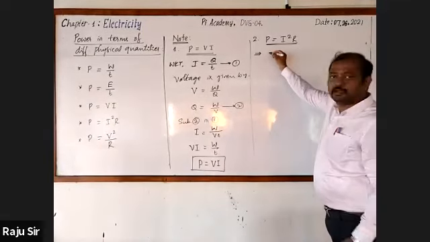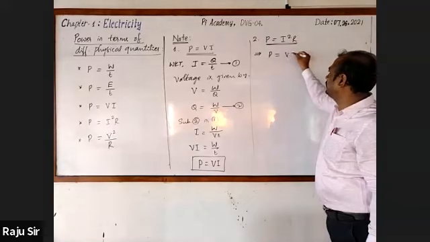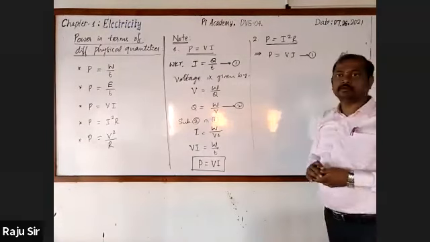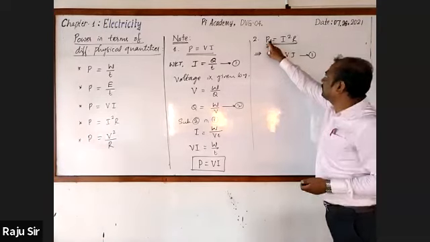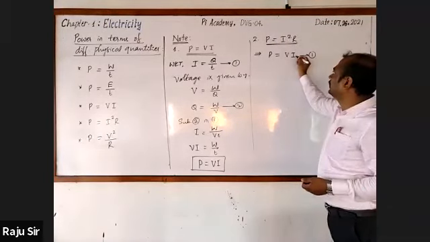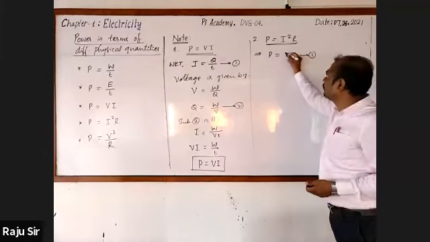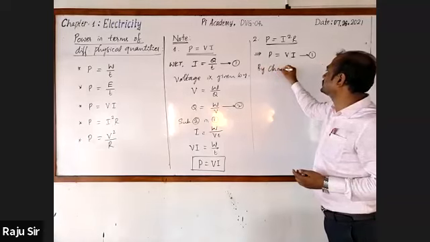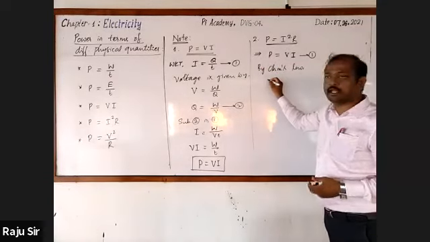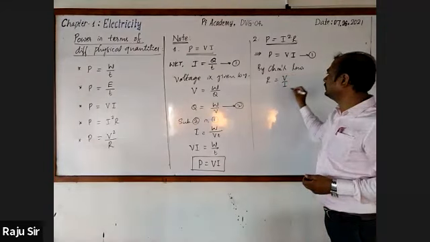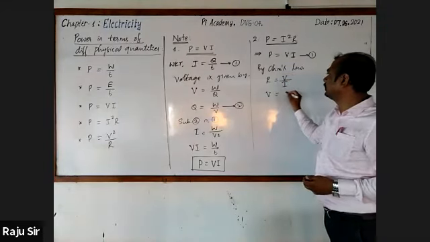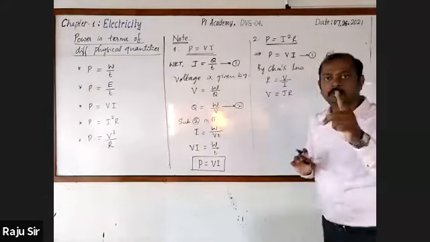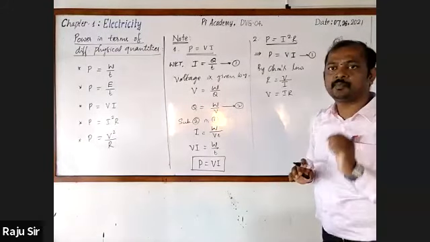Just now we have derived the formula P is equal to V into I. I call it equation 1. We have to write the power in terms of I square into R. Here I is already there. We want a substitution for V. To get that V, you can use Ohm's law. By Ohm's law, we can write R is equal to V by I, so V is equal to I into R. Did you understand? Okay.